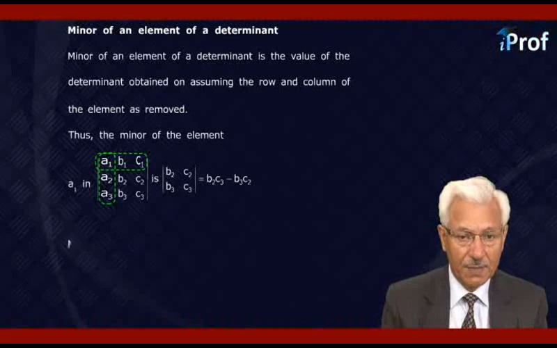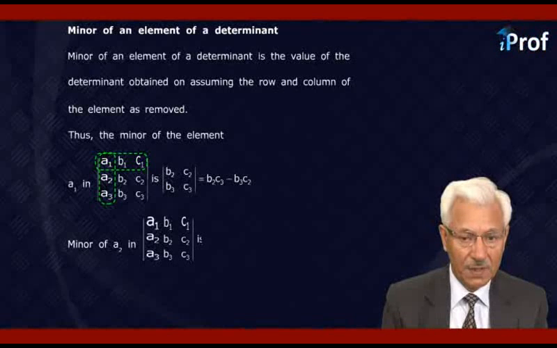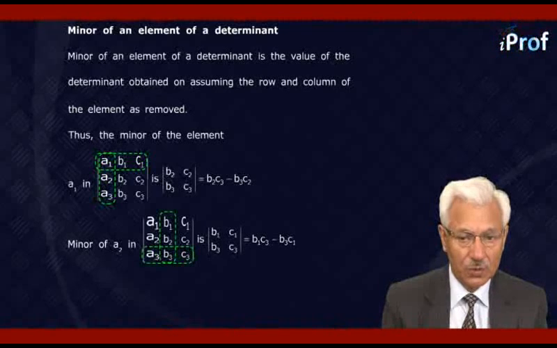Similarly, the minor of a2 in the same determinant a1, b1, c1, a2, b2, c2, a3, b3, c3. We remove the row and column of a2, that is a2, b2, c2 and a1, a2, a3. We are left with the determinant b1, c1, b3, c3 of order 2.